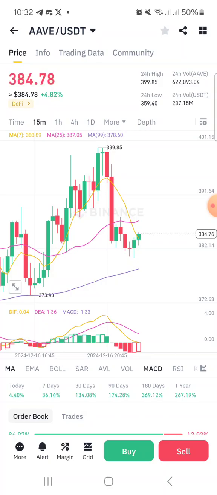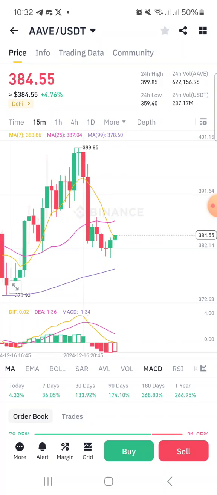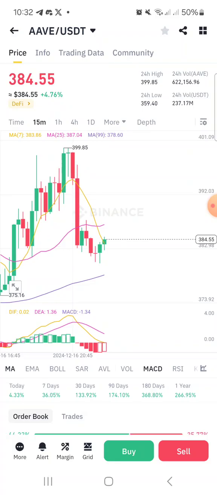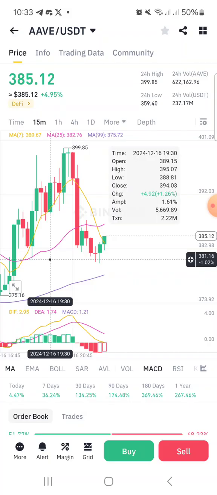So if I want to enter here, I know that the resistance at the 15 minutes is $399.85. And the support I am seeing is somewhere here, which is 381.